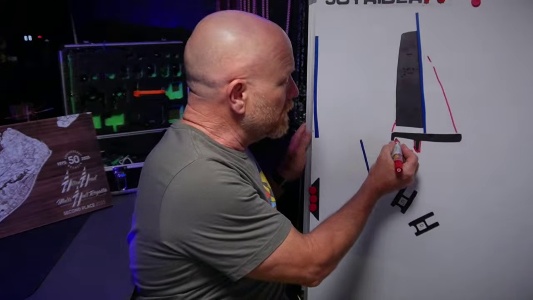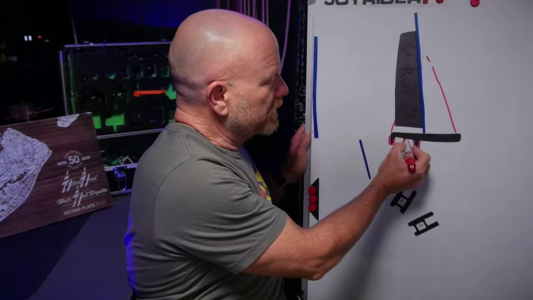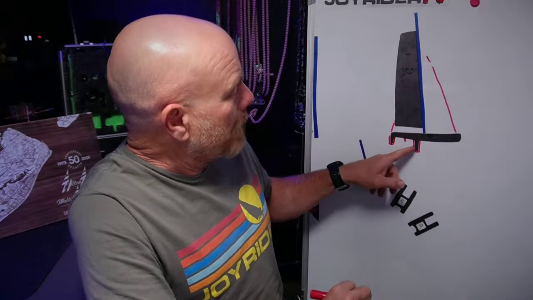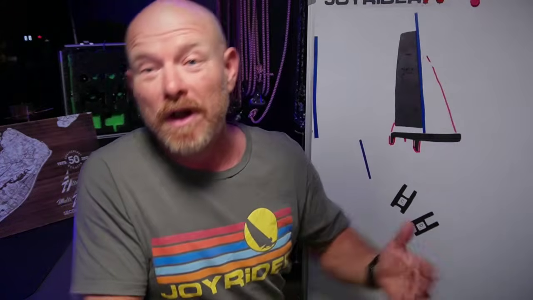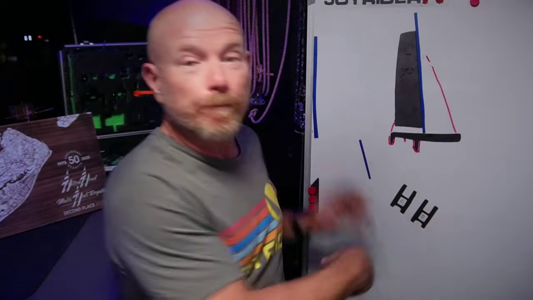We're also using the rudder blades, which means if we can put the center of effort about halfway between the rudder blades and the dagger boards, then that's really going to help to get us maximum lift on the upwind. And it's really going to help us to be really firing the boat on a good course upwind. So just by doing that, we should be able to sail closer to the wind.